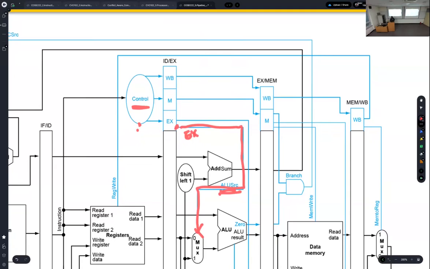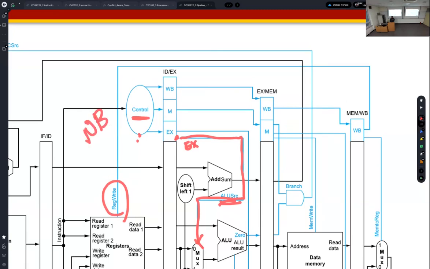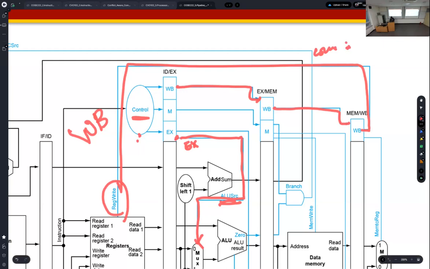Then how about the reg write? The reg write is necessary in the write back stage, right? Because the register write is done in the write back stage. So, as you can see, here, here, and here. Do you understand? We use the control in write back for the red one.